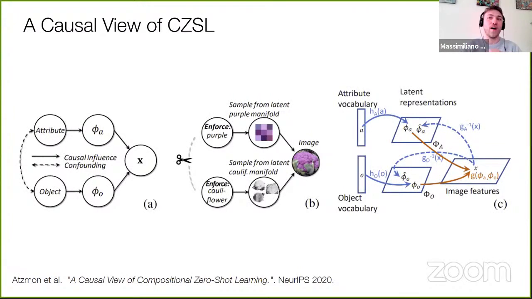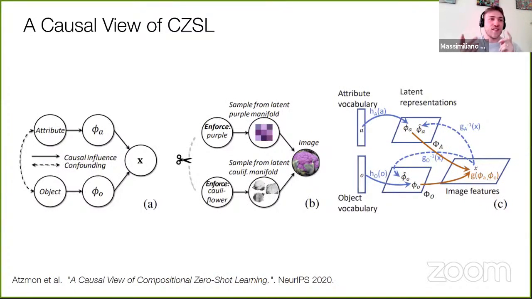One cool one is that if you take the image and you want to retrieve the attribute, you should obtain an embedding that is closer to the embedding that you obtain for the attribute, and the same for the object. Then there is also a loss enforcing that these representations are independent, so that they don't interfere with each other. We can take out this correlation and hopefully generalize better at test time.